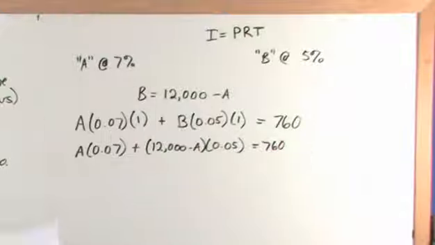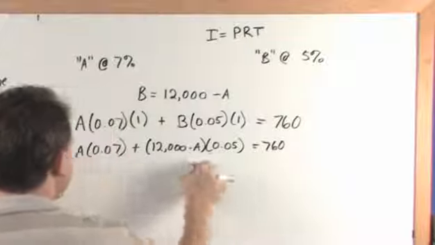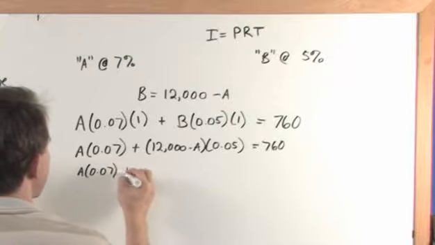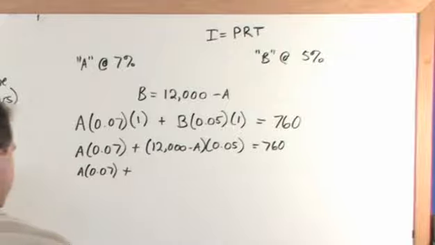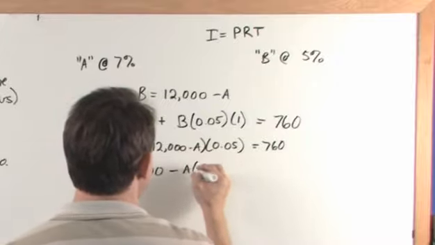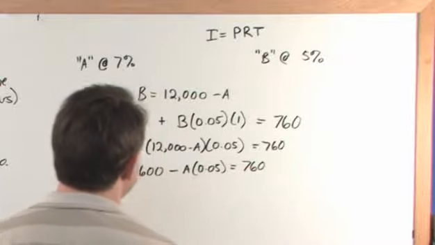Now I just need to solve this equation for A. So what I need to do here is expand this and distribute that 0.05 in. A times 0.07 plus 0.05 times the 12,000 is going to be 600, minus A times 0.05, and then simply equal to 760 on the right.